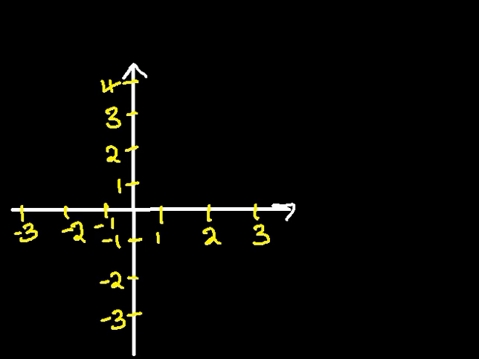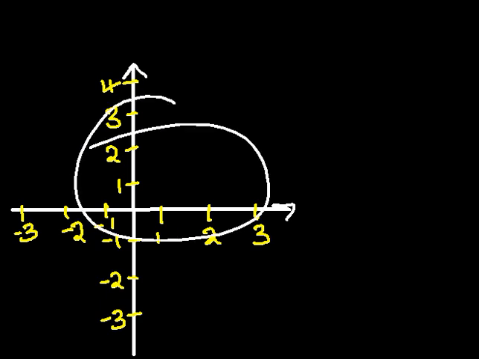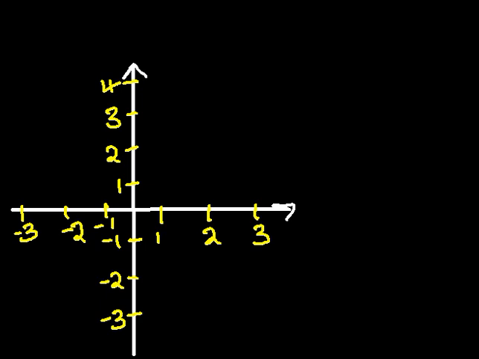Let's say we have a point M on a Cartesian plane, and we should make use of the Cartesian plane that we have here.